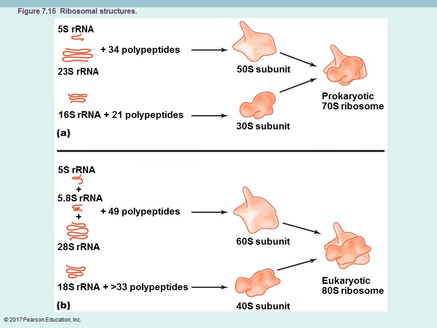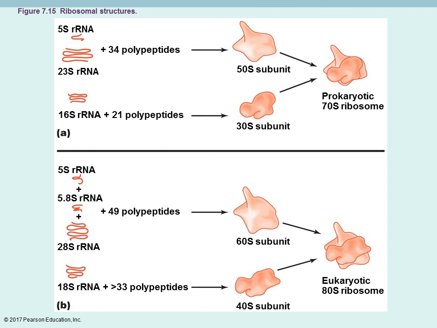The ribosomal structure is made up of two subunits. They're usually separated, and they will come together to form a larger unit for protein synthesis. When protein synthesis is complete, then the two subunits will dissociate again. In figure A, you can see there's a 50S and a 30S that come together to form a 70S.